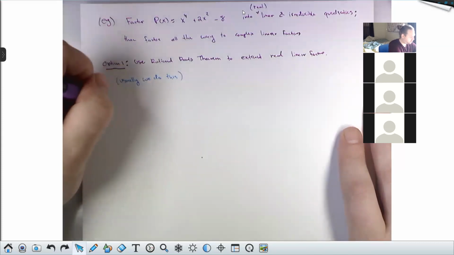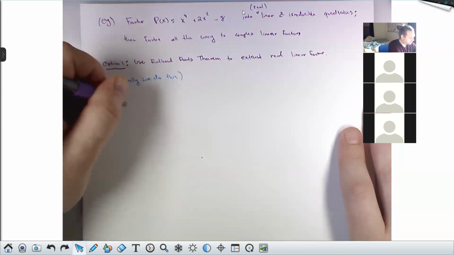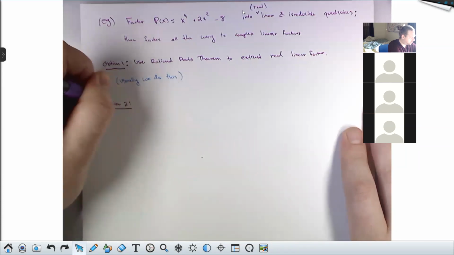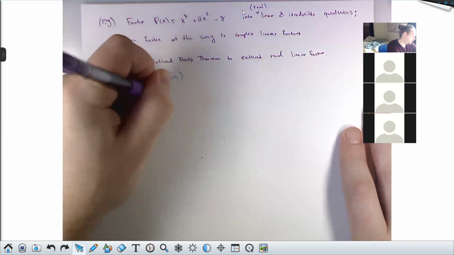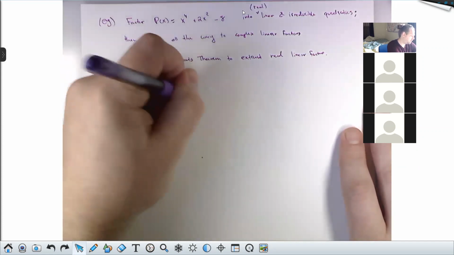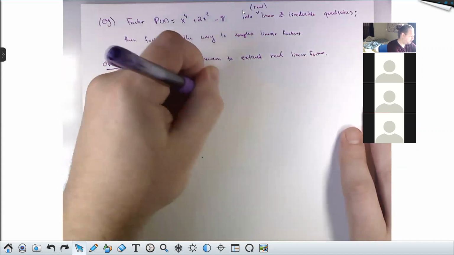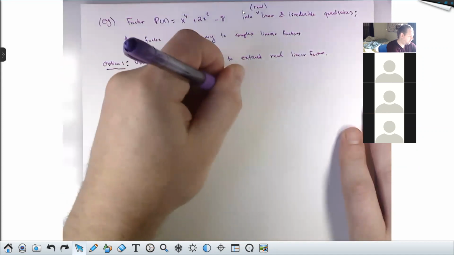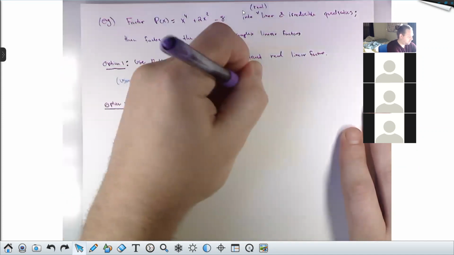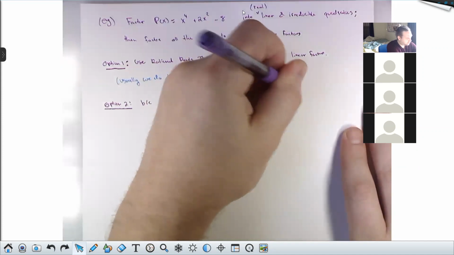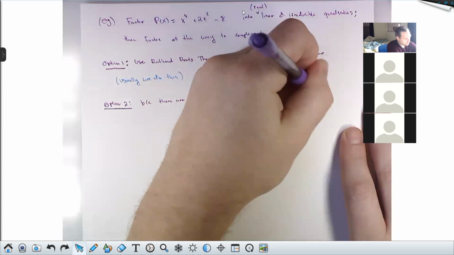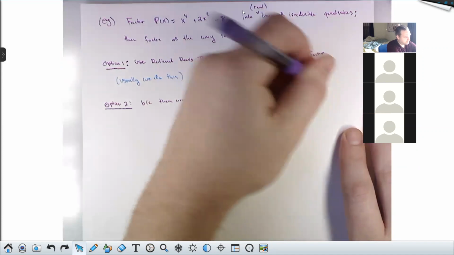So here there's an option 2, which is a trick. Because there are only even powers, we can substitute u equals x squared.